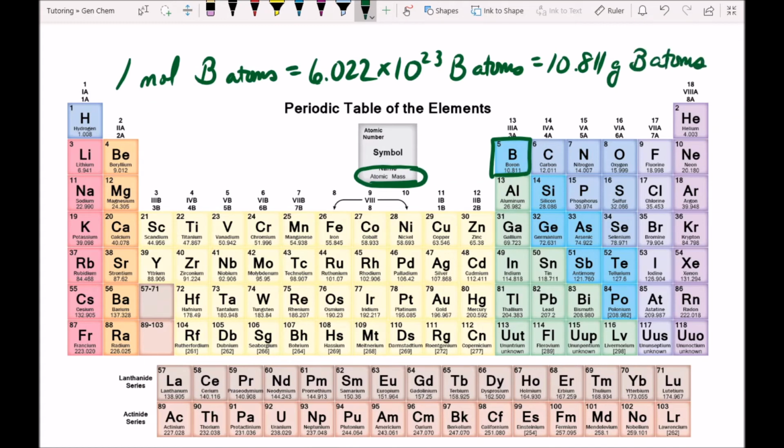So it's all interconnected. The relative atomic mass shown on the periodic table is the mass in grams of an Avogadro's number of atoms of that element. Super useful, super helpful.